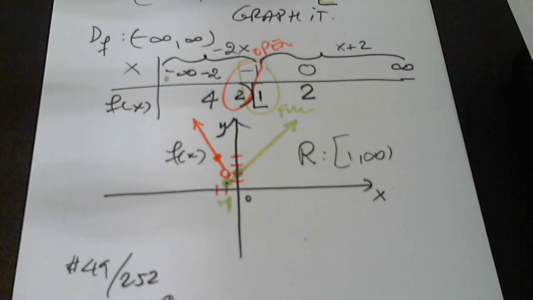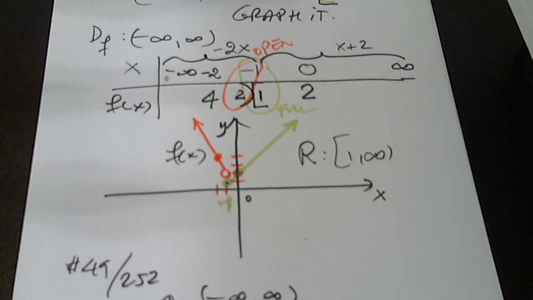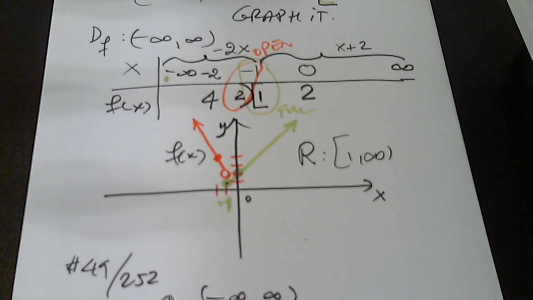Is it negative infinity to infinity? Absolutely. Everything. Look at the arrows. Excellent. Negative infinity to infinity. Part B. Can anyone give us the range of this function?